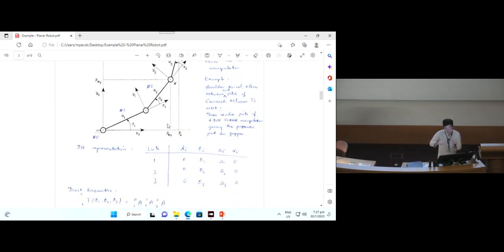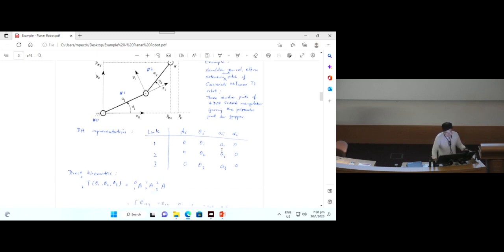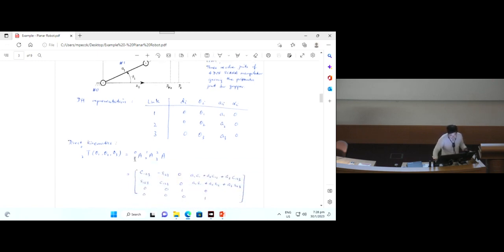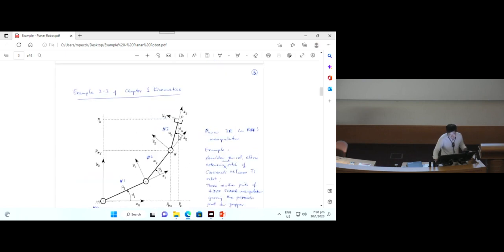By attaching the frames according to the DH notation, you have the table of parameters. So you have your d_i, theta_i, a_i, alpha_i. Two of these are variable, and two are fixed by your geometry. After you have done this, same thing, the last frame is frame 3.